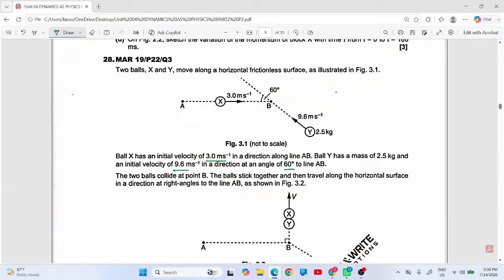The two balls collide at point B, stick together, and then travel along the horizontal surface in a direction at right angle to the line AB.